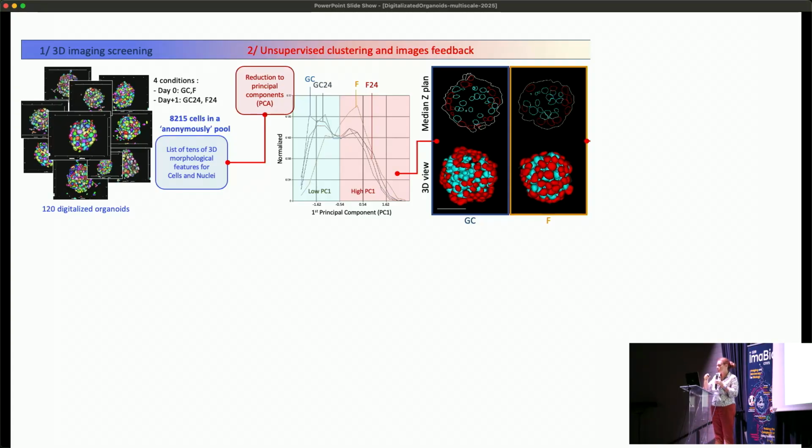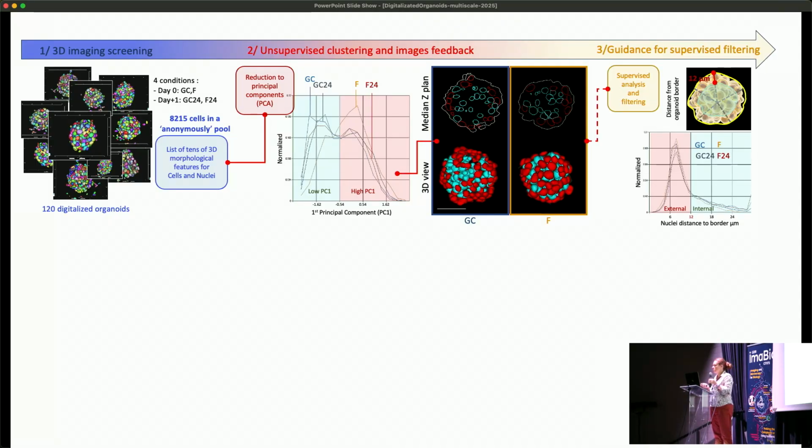But using, once again, the feedback on the images, we were able to put a gate here and inspect back on the images, on the segmentation itself, where the cells are. And what we found is that mainly 99% of these cells are located at the border of the spheroid. We were able to use that as guidance for supervised filtering. I can do this kind of filtering just by putting a gate here and separating these two populations.